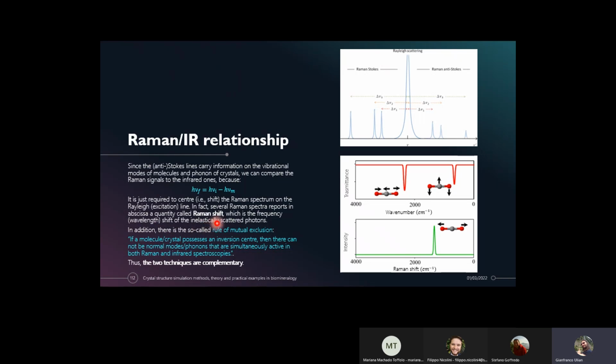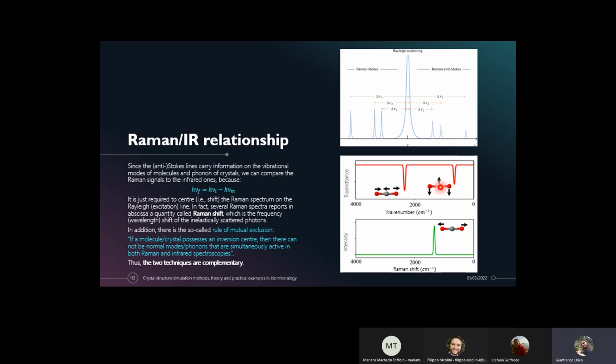Do you remember the carbon dioxide infrared spectrum? We had two peaks because we have the asymmetric stretching, and the second peak is due to the degenerate bending modes in the molecule. We had a fourth vibrational mode that wasn't active. The carbon dioxide molecule has an inversion center corresponding to the position of the carbon atom.